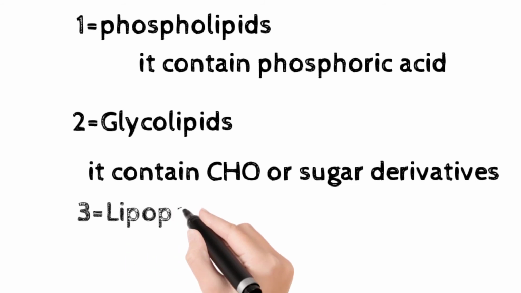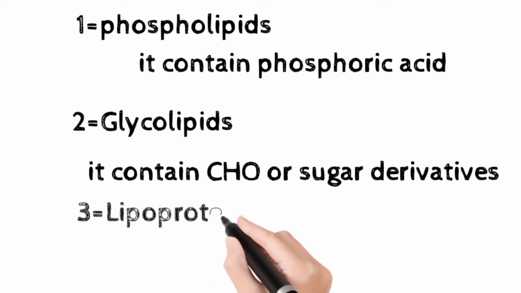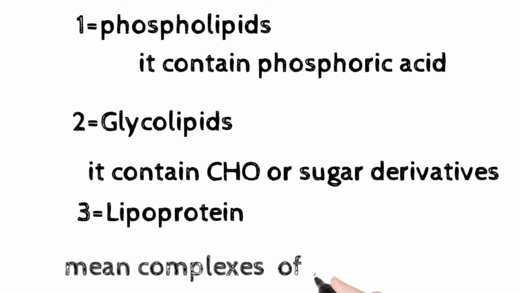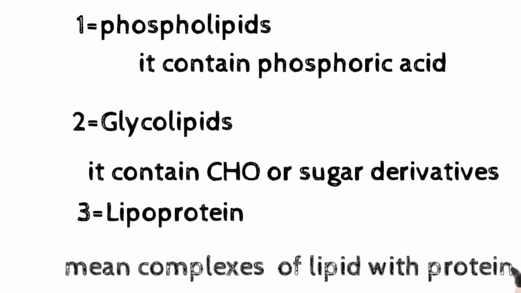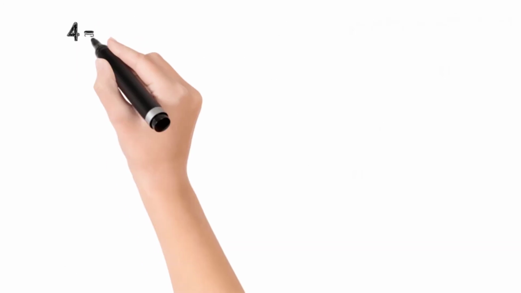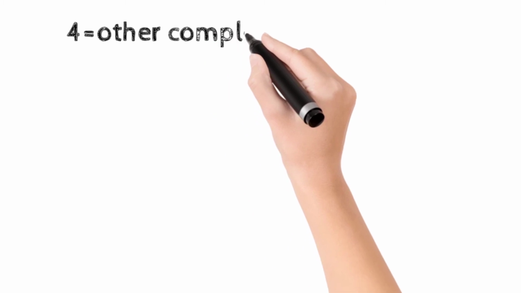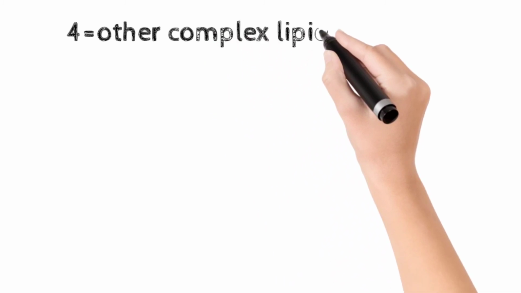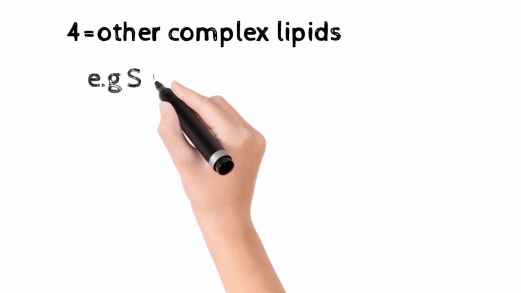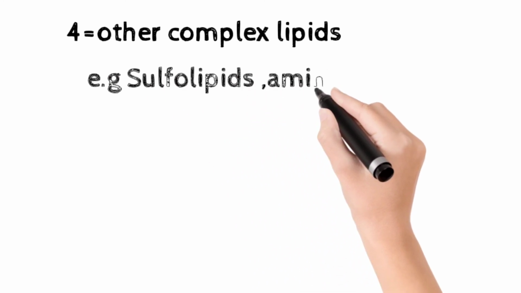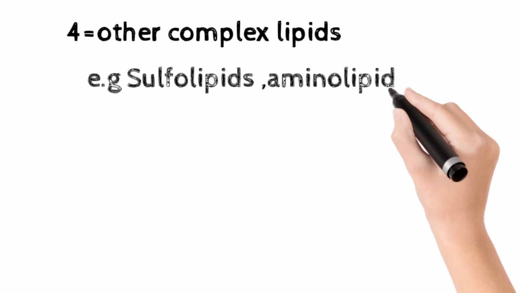The third type of compound lipid is lipoprotein, meaning complexes of lipids with protein. Now come to the fourth type. The fourth type is other complex lipids, for example, sulfolipids and aminolipids.